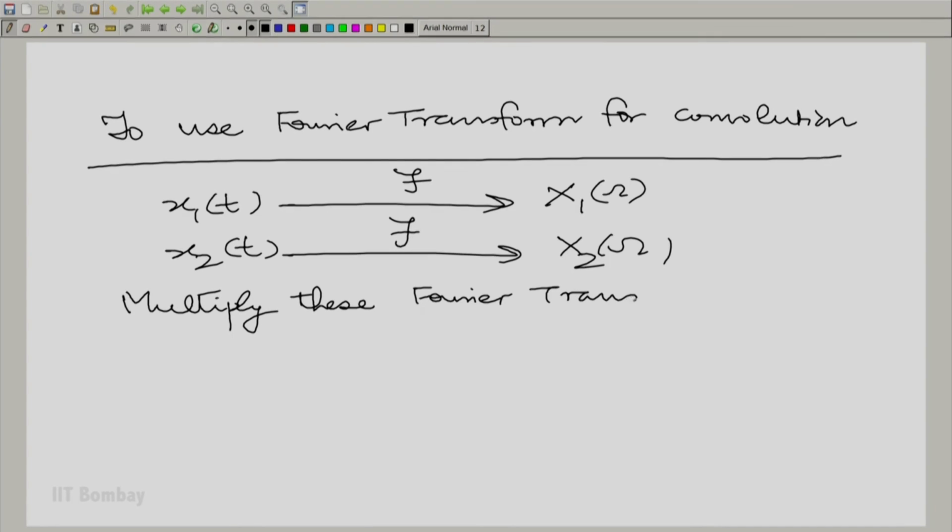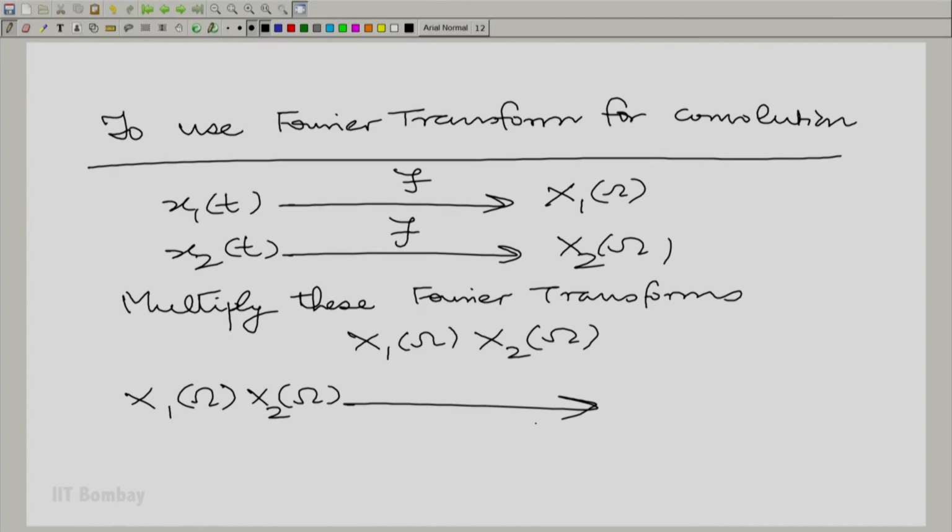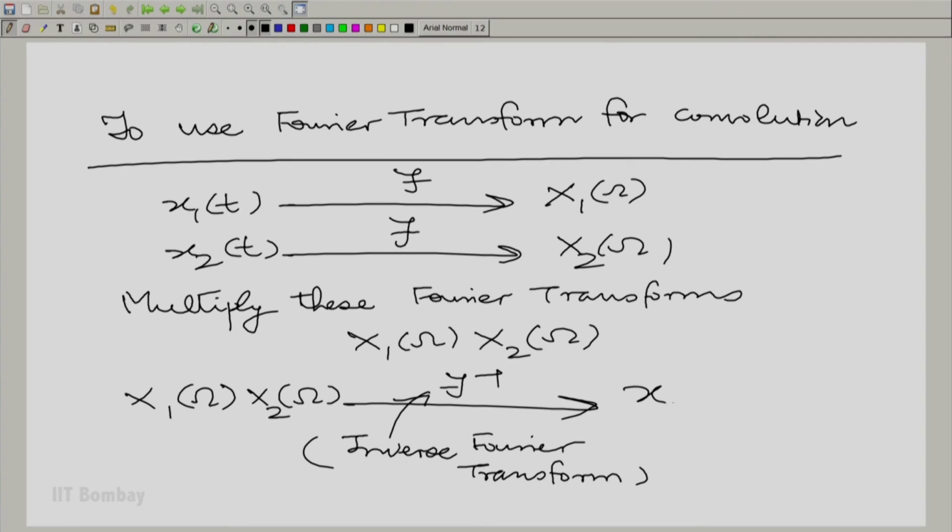I would multiply the Fourier transforms, so I would have capital X1 of omega times capital X2 of omega. And I would take the inverse Fourier transform now. I will denote the inverse Fourier transform by script F inverse, and I would get x1(t) convolved with x2(t).